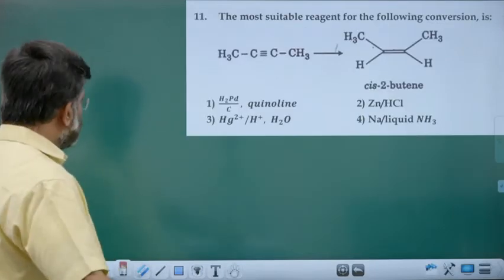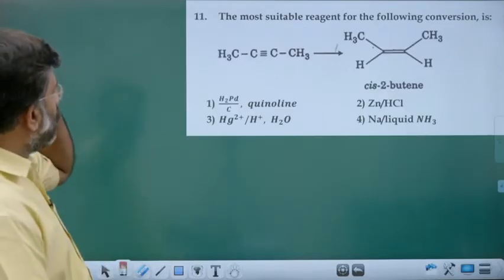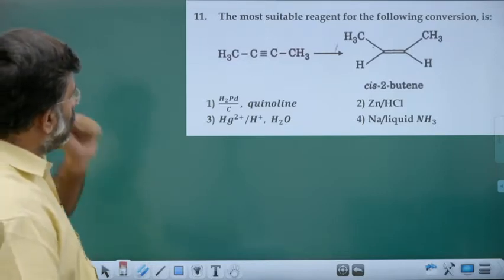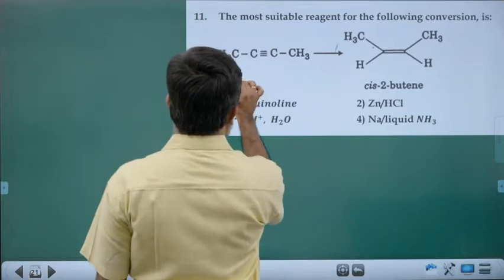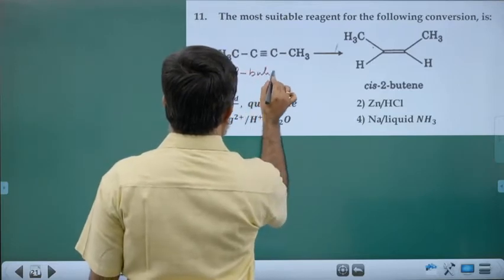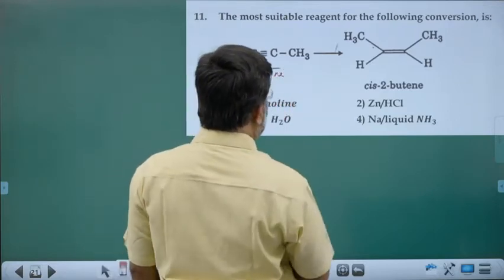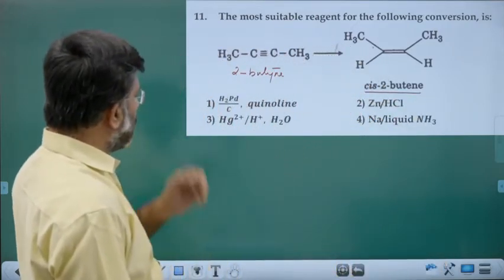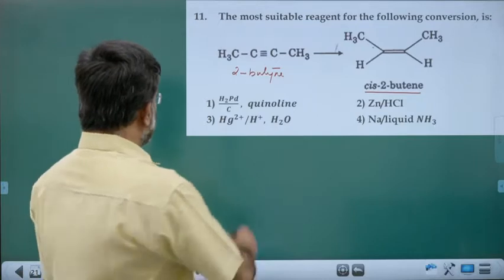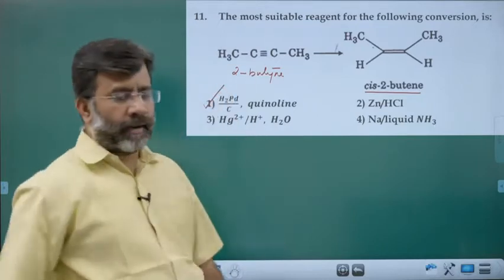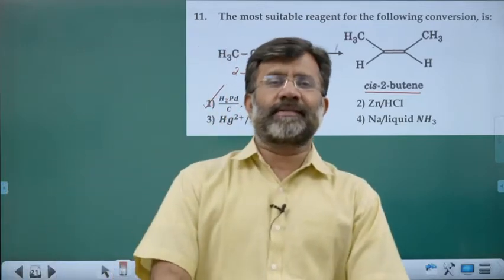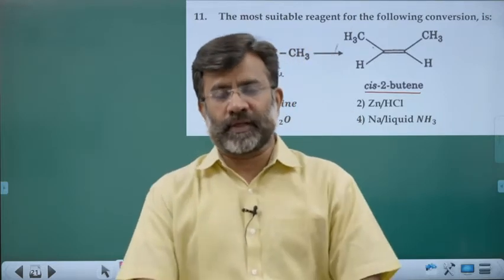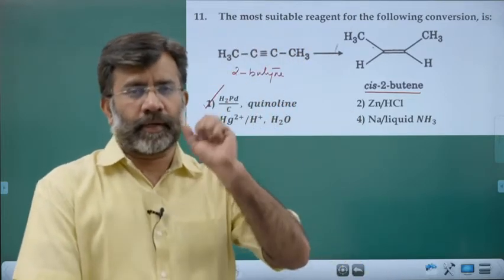Next question. The most suitable reagent for the conversion. You are given 2-butene, converted to cis-2-butene, using Lindlar's catalyst, palladized charcoal with barium sulfate, quinoline, sulfur, etc. Controlled reduction.